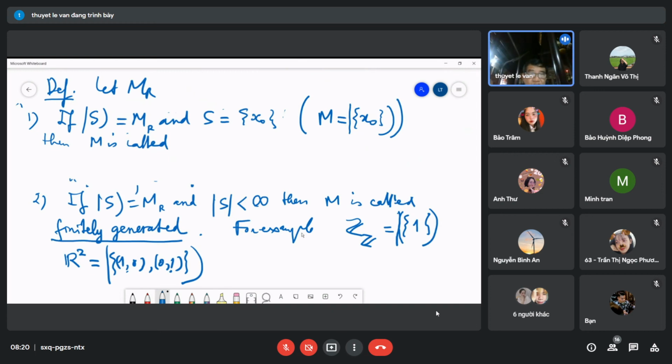Then M is called a cyclic module. Cyclic, same as when you have a subgroup, you have a cyclic group.